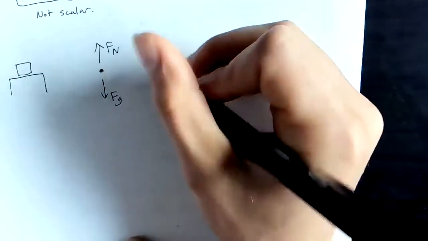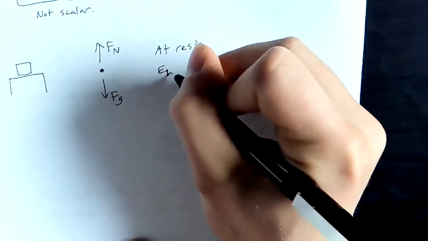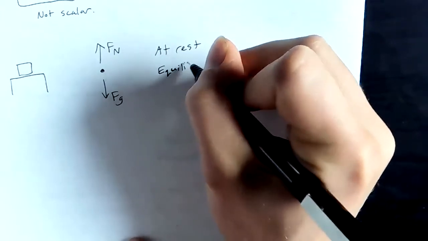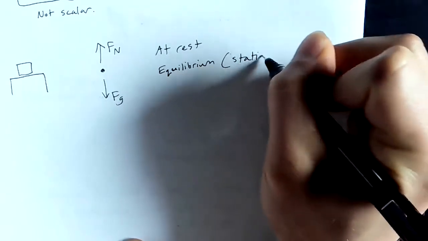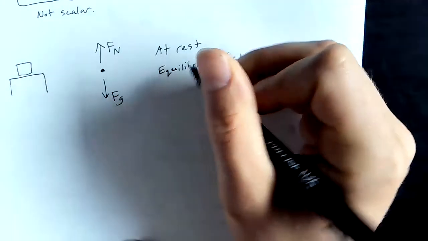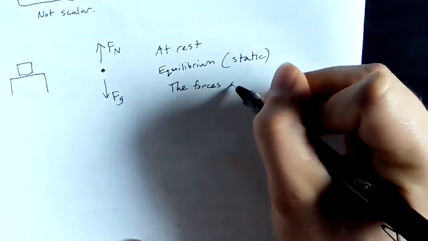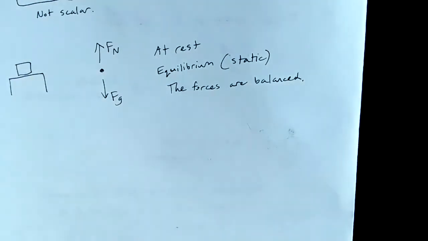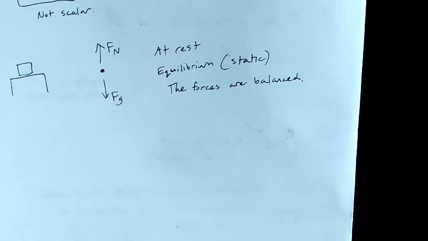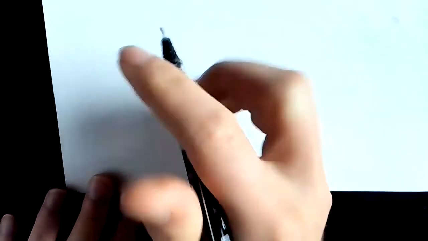It's sitting and it's at rest. Equilibrium. What kind of equilibrium? Static. And that means the forces are balanced. Easy peasy.